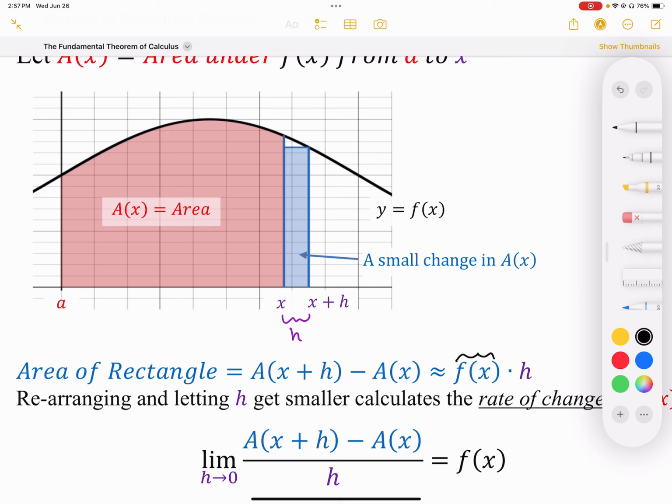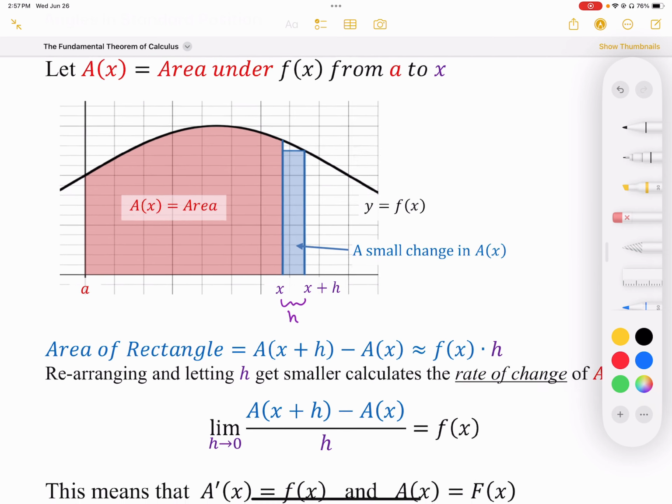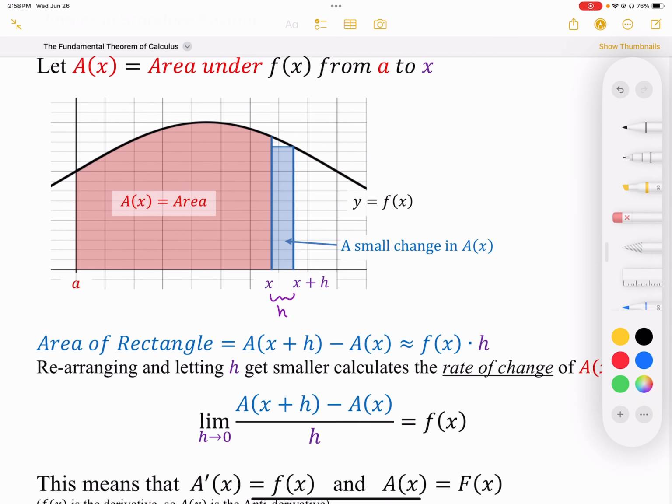So that rectangular area is going to approximate the change in the area function from x plus h to x. Now, although this is an approximation, as we let h get smaller and smaller and smaller, we know that the area of the rectangle is getting closer and closer to the difference in the A of x function, or the change in the A of x.